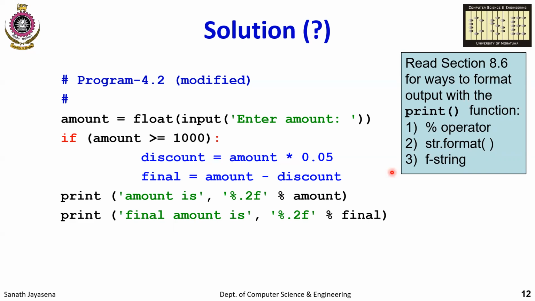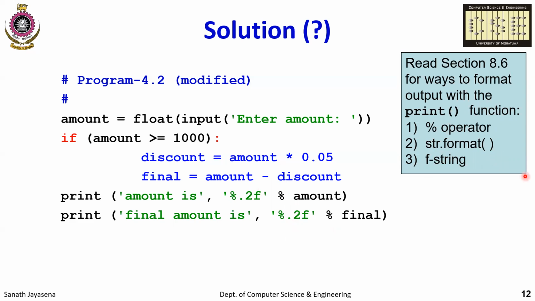Now, here for the first time, we discuss some kind of formatting with print. But there are other ways of formatting output, what you want to display on screen. You can read section 8.6 in your notes for other ways. This percentage operator is one possible way, but you can also use str.format, or f-string formatting methods to format your output.